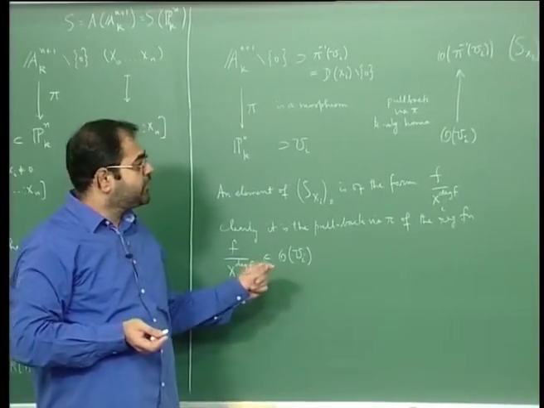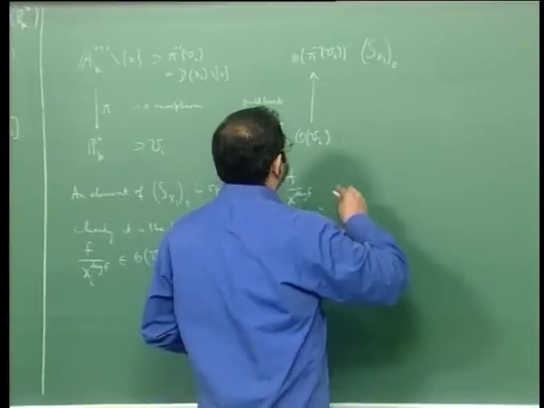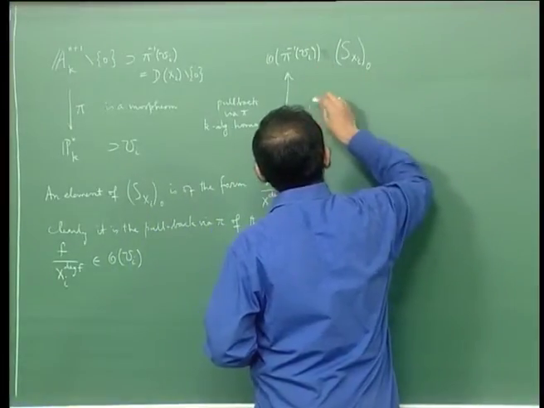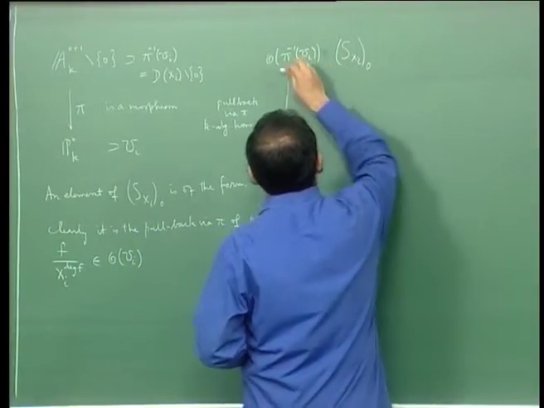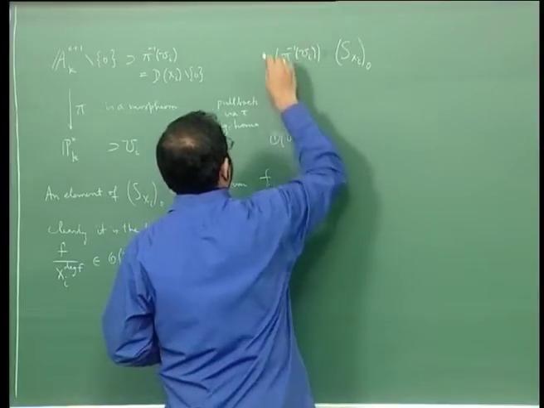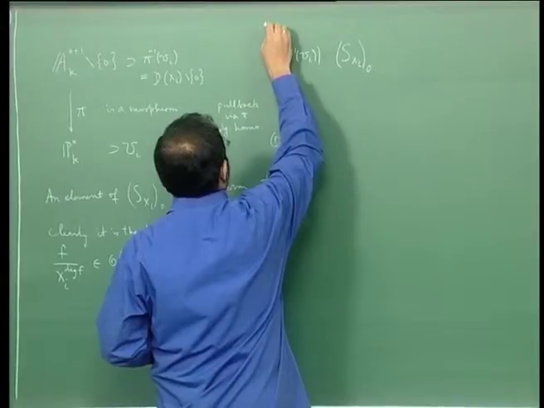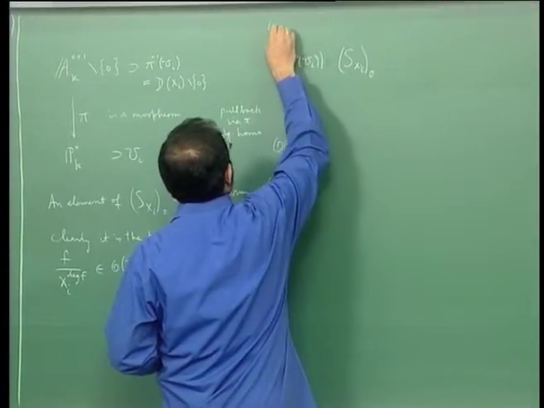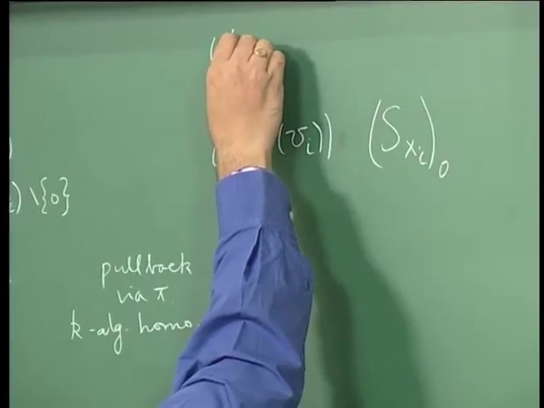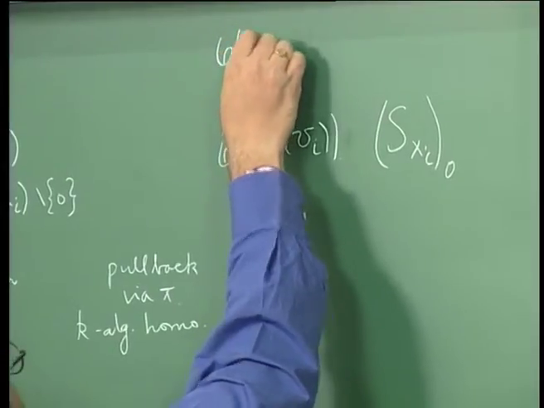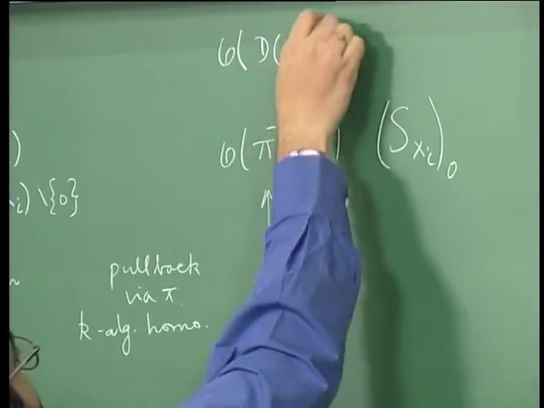Okay, so what I am trying to say is that, if I want to draw a more particular diagram, I have O of dxi in the affine space above.